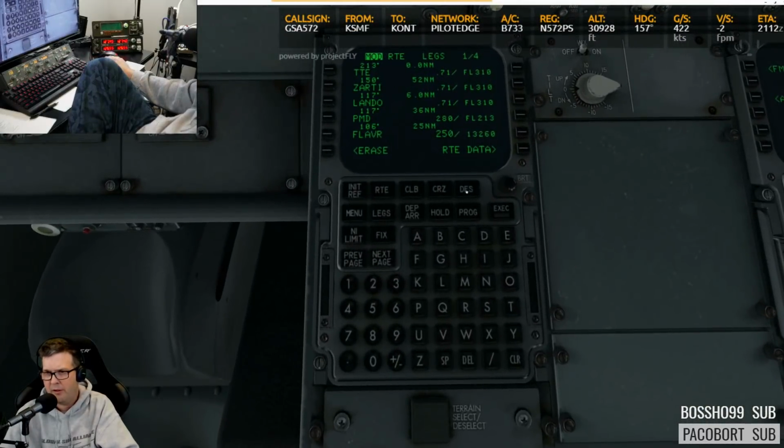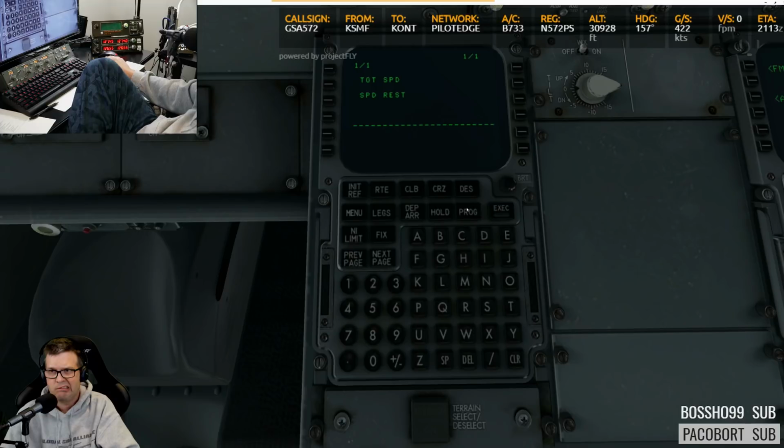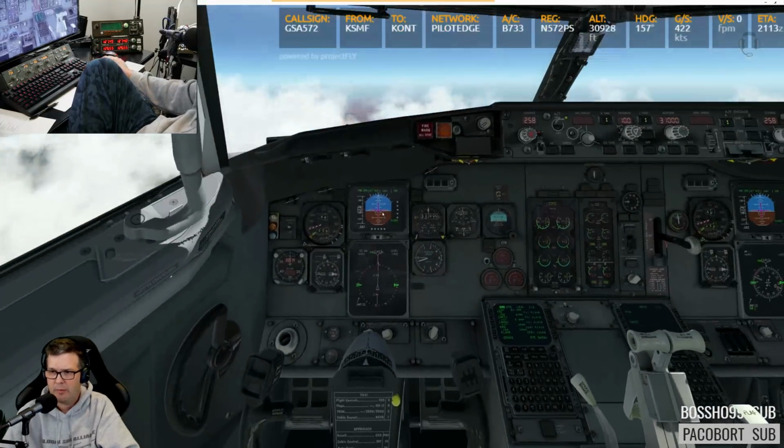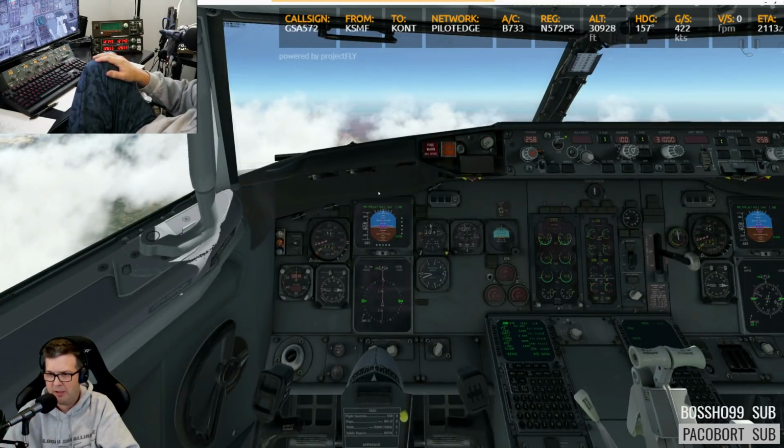Let's see what it says here on the descent page. Oh, there's another bomb. Oh, crap. It keeps bombing out. Alright, let's not mess with it too much.